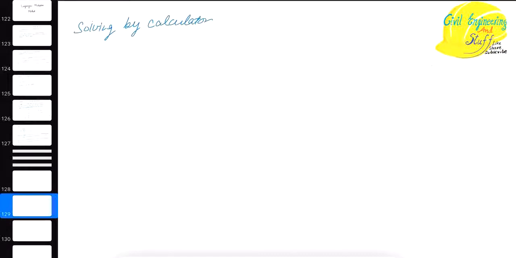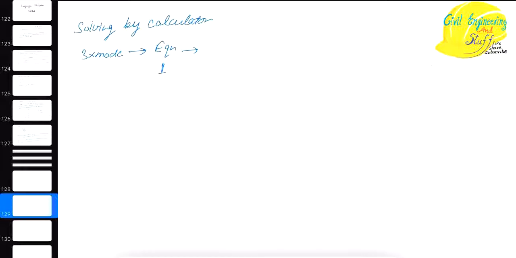If you are using the 991 MS, as I have already told you, you have to press the mode button 3 times. Through this you will be given the option to put the calculator in equation mode by pressing 1. After this you will be asked whether your equation has 2 unknowns or 3 unknowns.